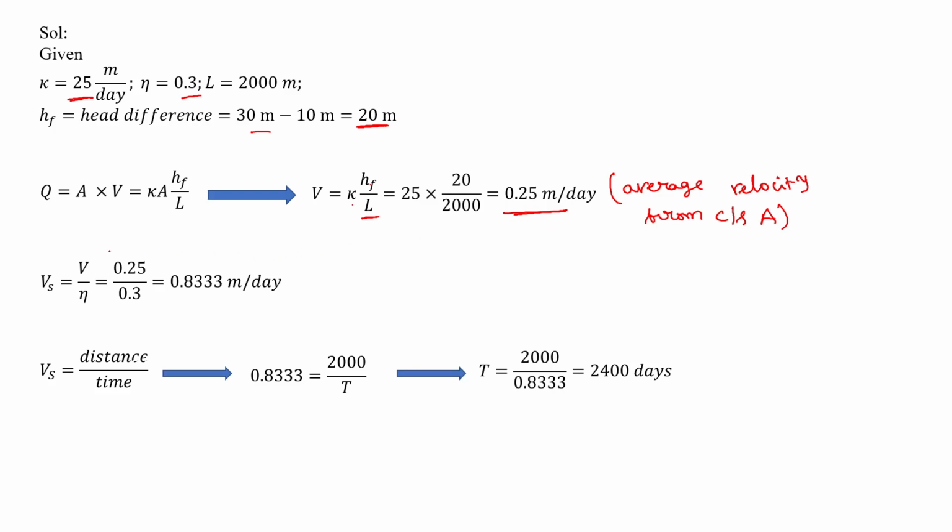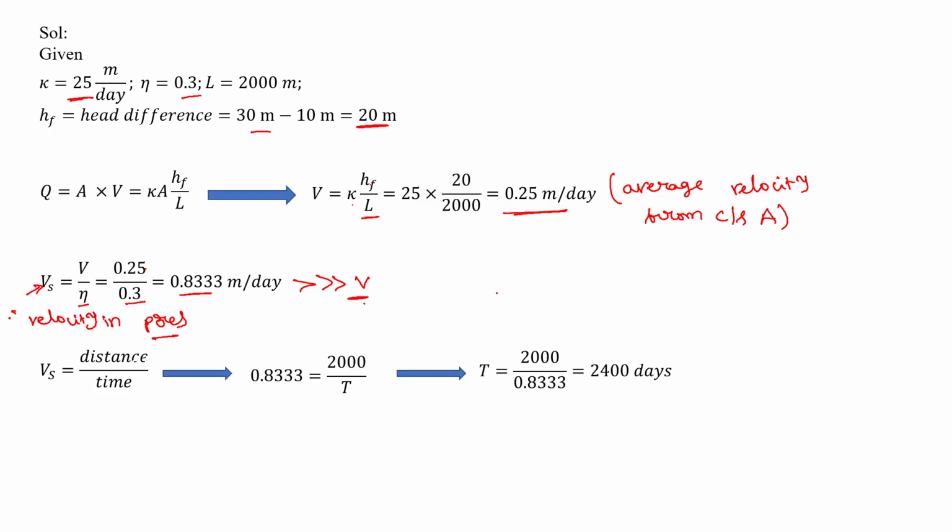But our interest is to calculate the velocity in pores, which is Vs equals V upon porosity, 0.25 by 0.3. So it will be 0.333 meter per day, which is much higher than V.